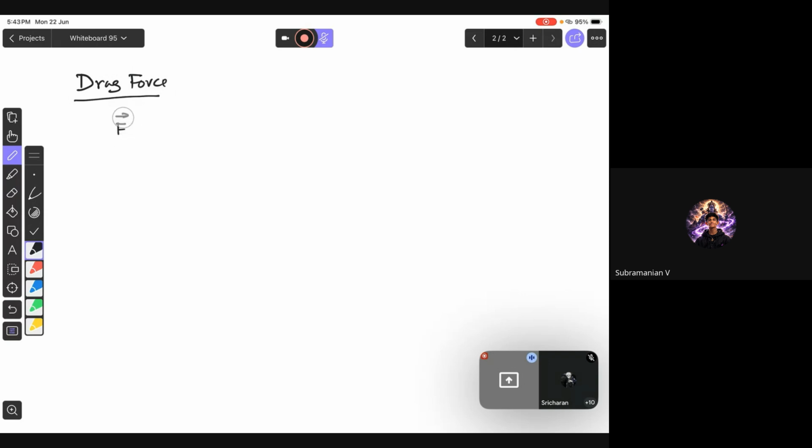Drag force is given by minus kV, where the minus sign indicates that this force will be acting opposite to the velocity, and k is a constant that will be given to us. It is found experimentally, and even this drag force formula is something we found out through experiments only.